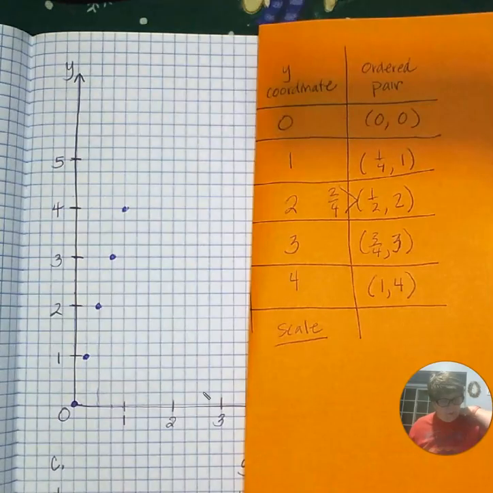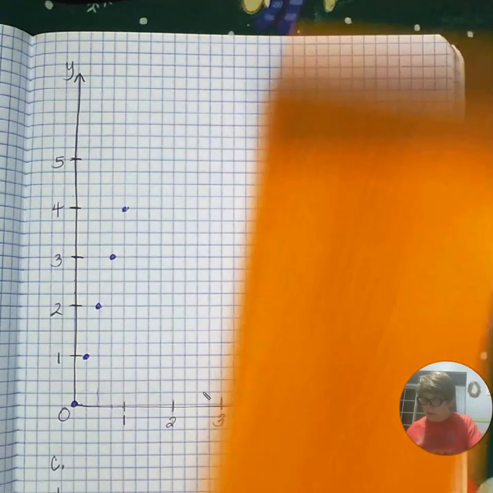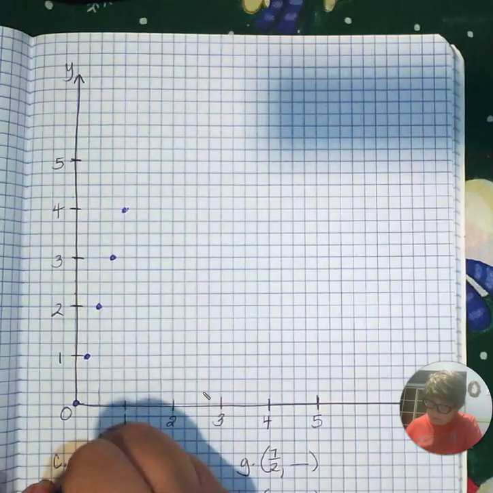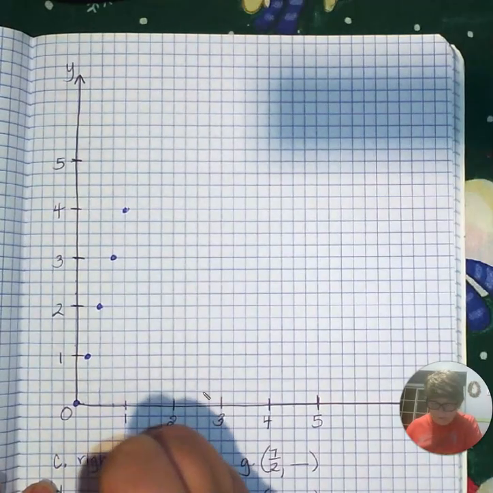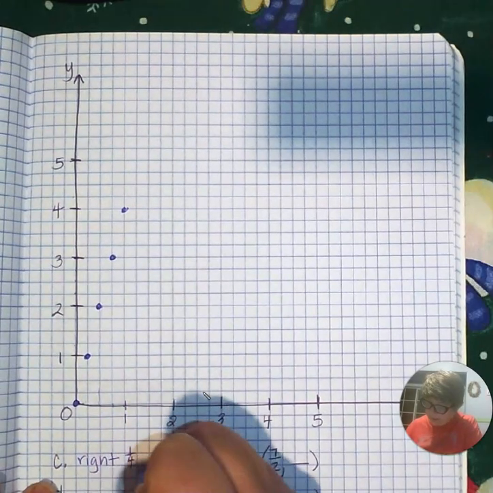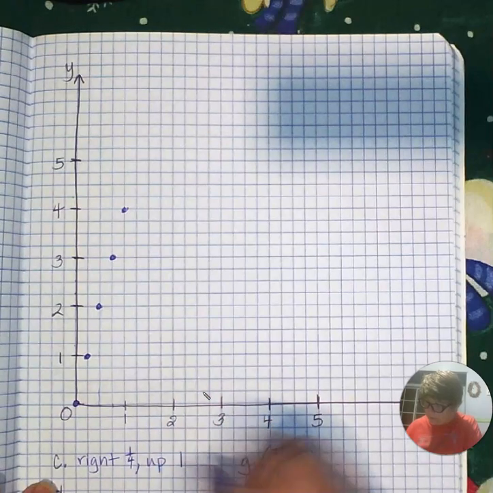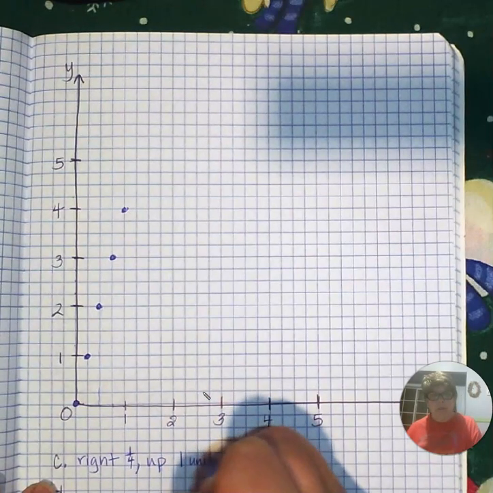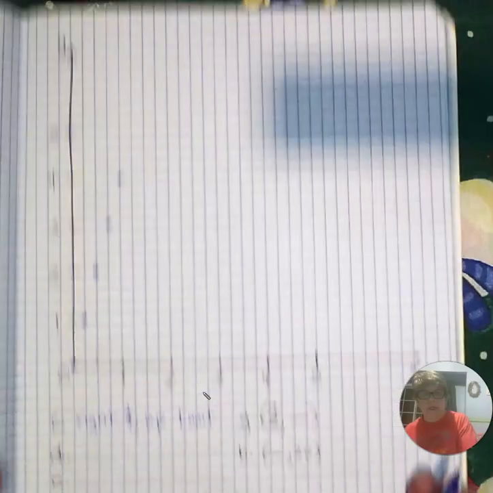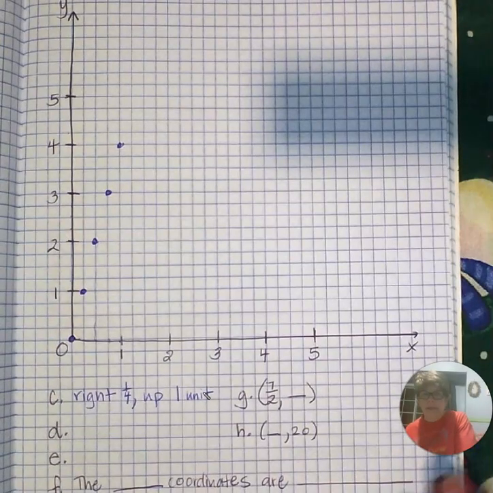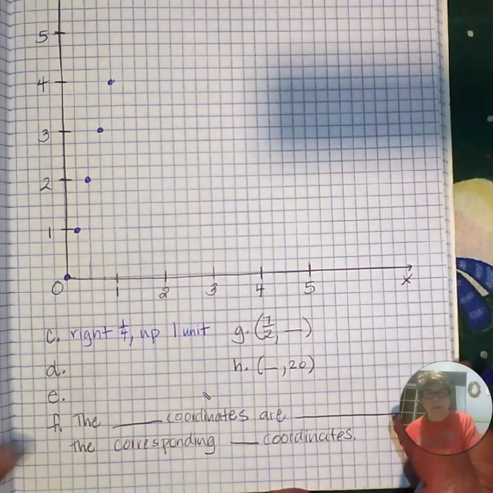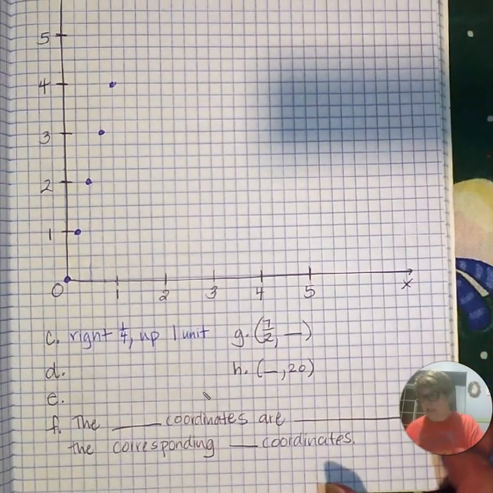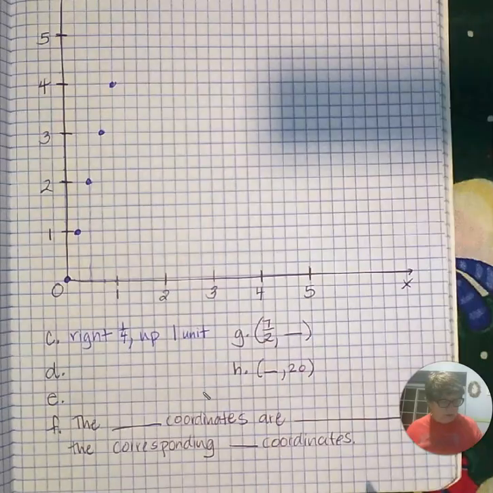Describe the movement from one point to the next. You could say go to the right 1/4 and up 1. And of course that would be units because we're not using measurements right now, but a unit is the same as like an inch, a centimeter, whatever you would want to have your units be on your coordinate grid.